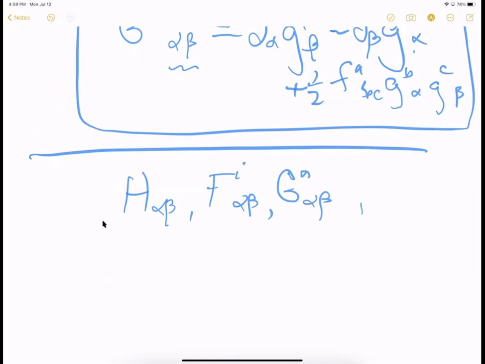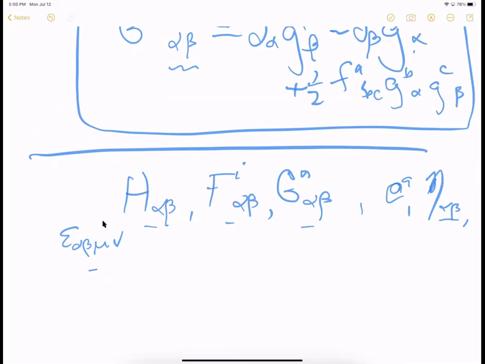We have the solder form, or we could use either the orthonormal form or the Minkowski metric. We could use the Levi-Civita tensor. All of these are tensor fields that are naturally there on our structure. We've got the Lorentz invariant tensors. We're not going to add curvature, but we could. But we have curvature of the gauge.